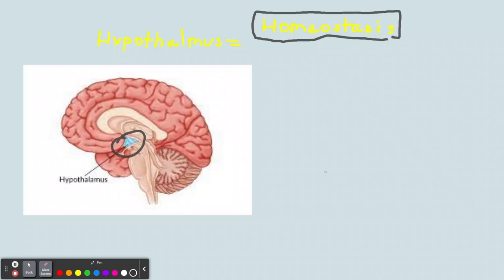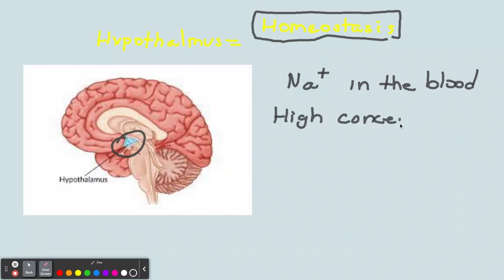So when there's an overconcentration of solutes in the blood, like salt, actually sodium, when you have a high concentration of positive sodium ions in the blood, write that down. That high concentration is called hypernatremia. Write that down.